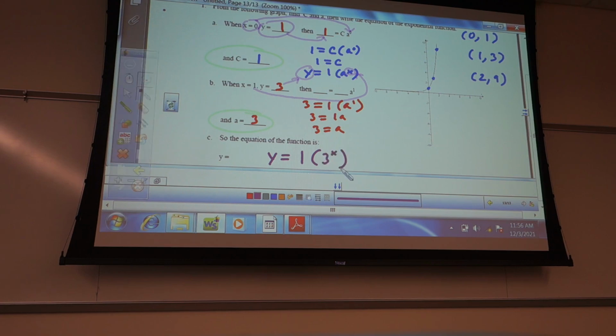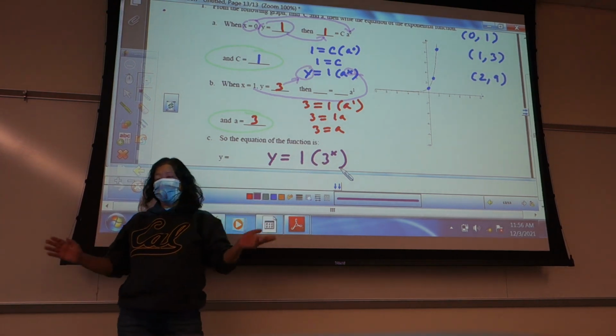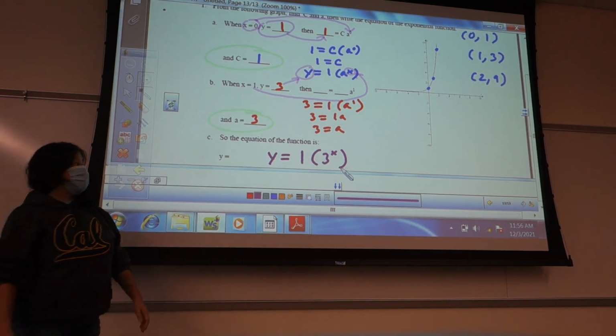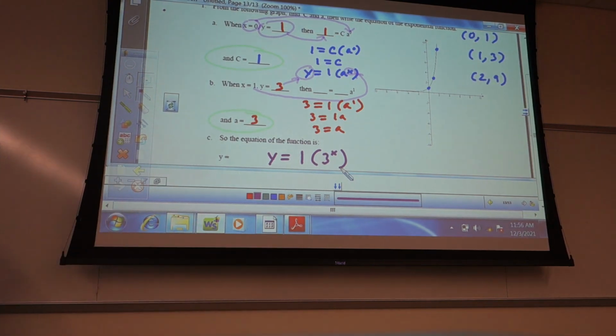Done. All I'm looking for is trying to find my c and my a. Once I find them, I'm all good. Now, since this is 1, I can ignore the 1 in a way, because the 1 is sort of invisible. And I can write it as 3 to the x if I wanted to.